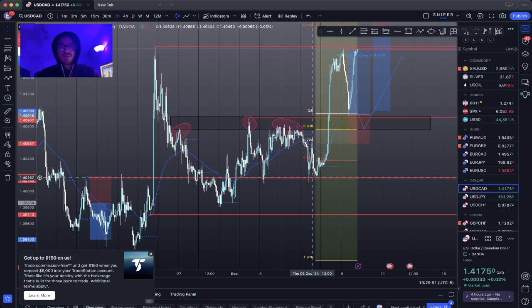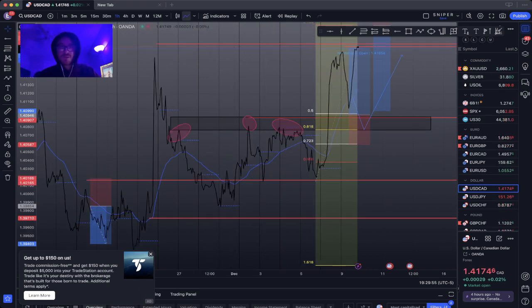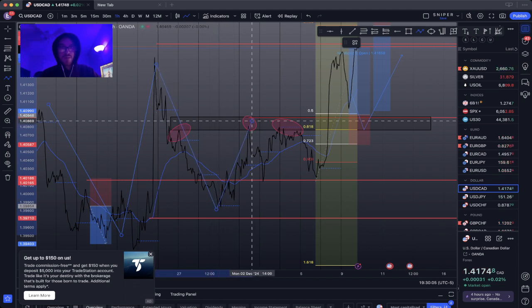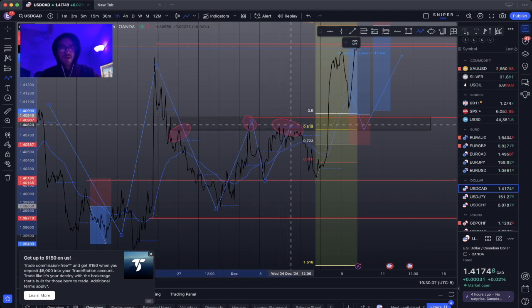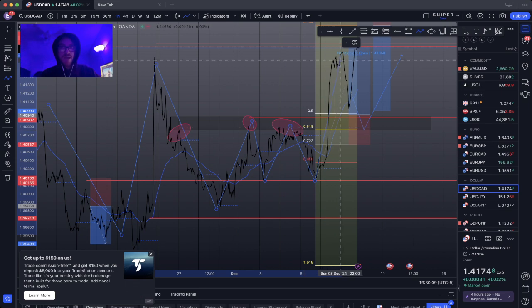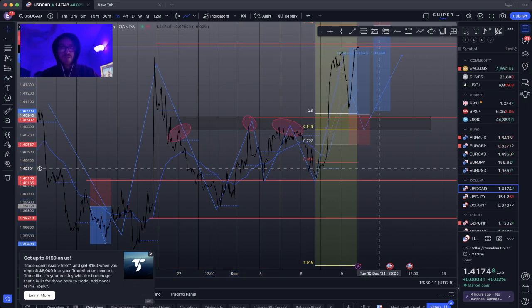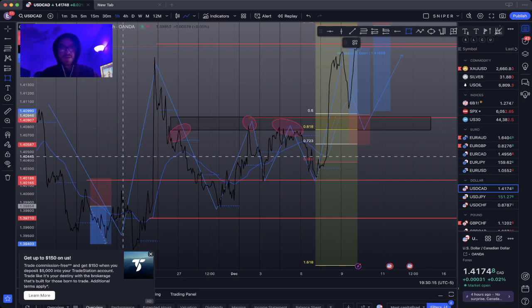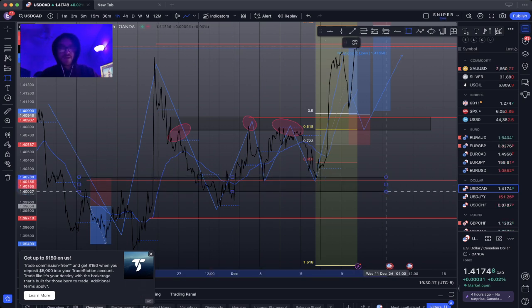When price bounced from this level, if I go to a line chart, I want you guys to see what happened here. Price came down, price went up, price came down, went up, down, up, came down, and then broke out and took off. Can you see why this was the area of interest down here?